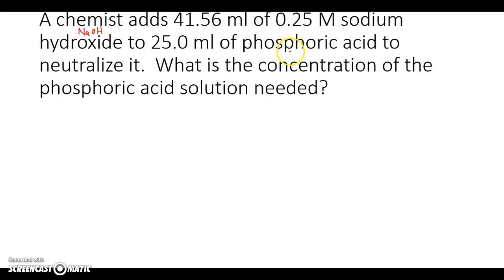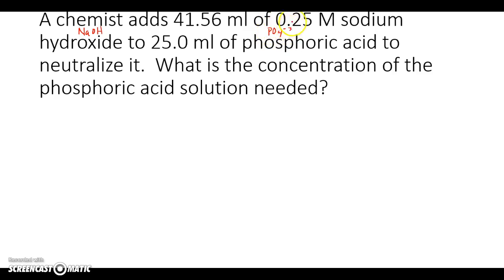So we haven't learned necessarily the names of acids, but there's a quick way of doing it. Phosphoric acid, if you try to match that name to a polyatomic ion, it sounds a lot like phosphate. And it is an acid made out of phosphate.